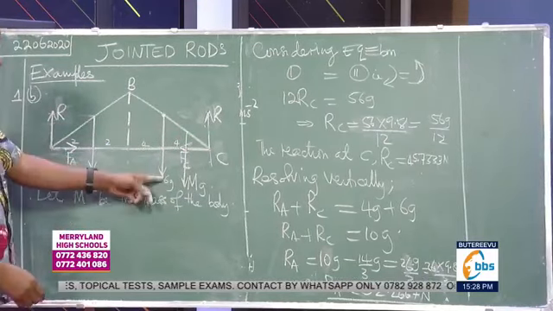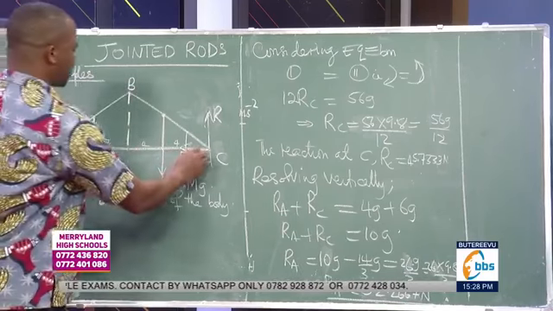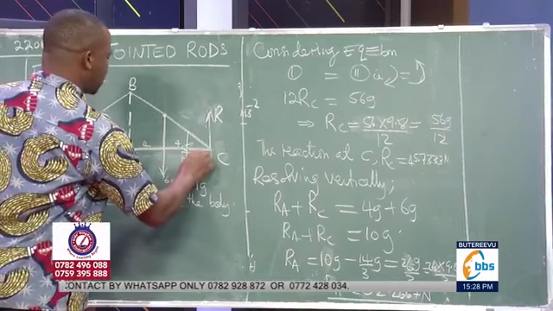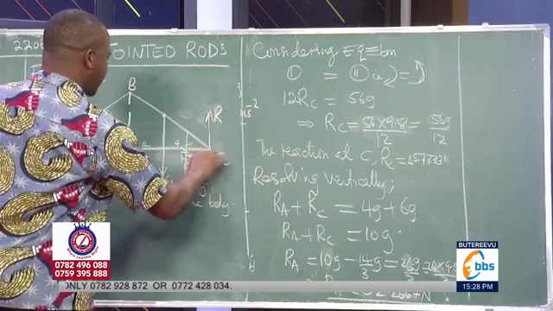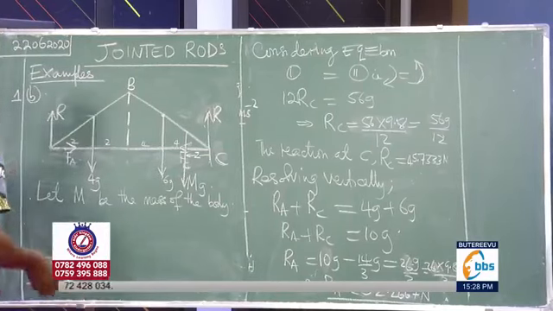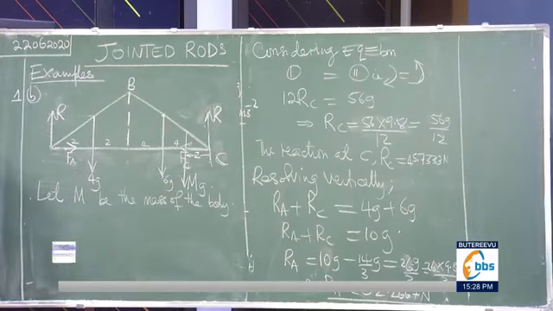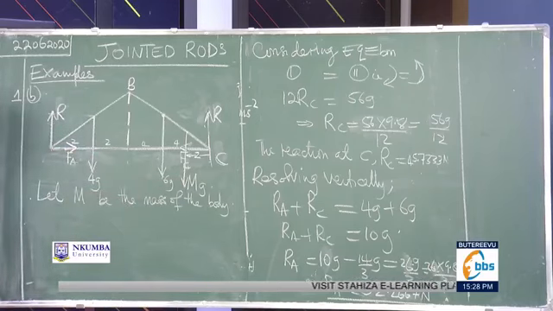So if this is a half and this is 4, a quarter of the 8 is going to be 2. So it is put 2 centimeters away from the hinge C. And now they want us to find the mass of this body.